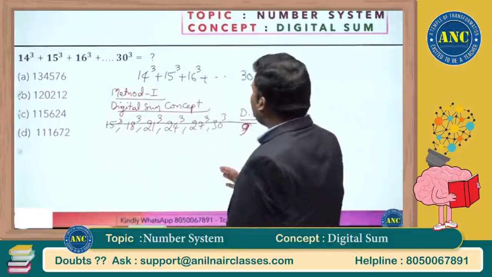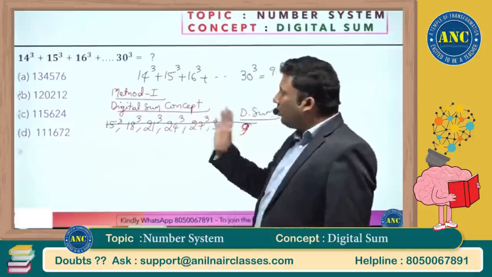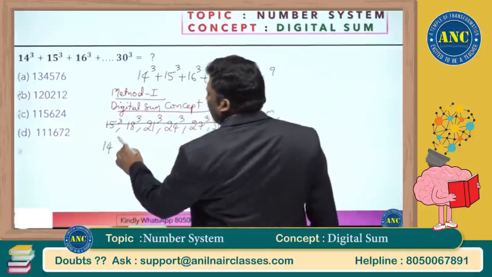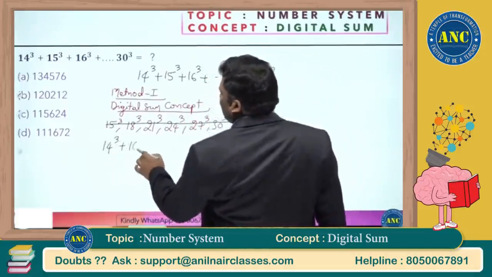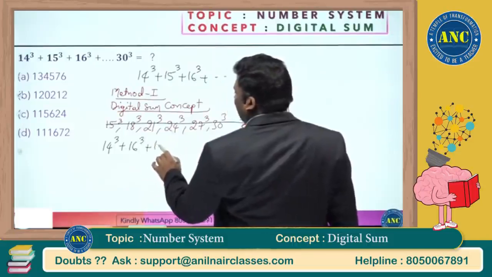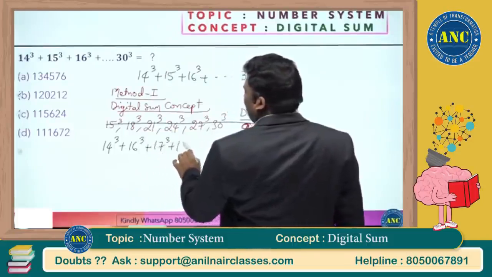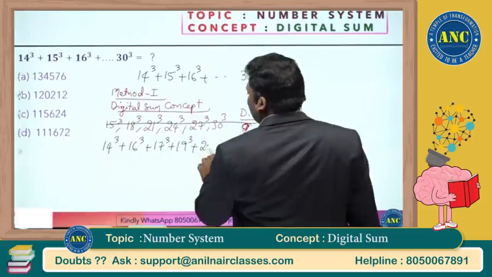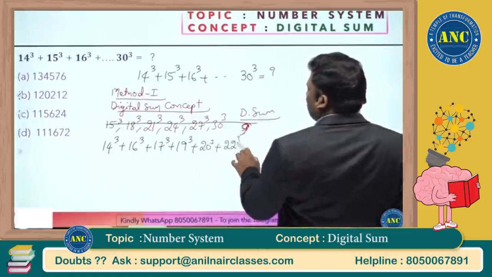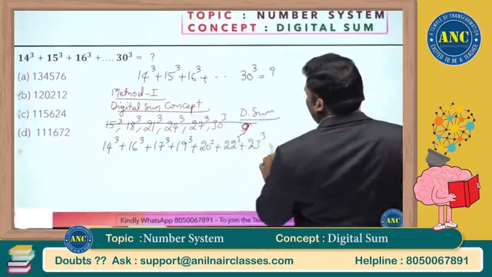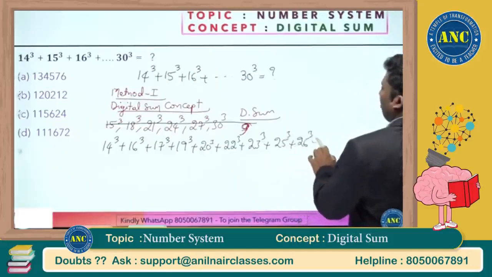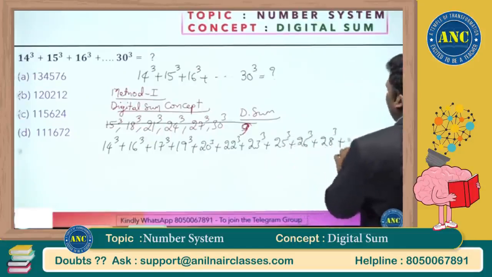15, 18, 21, 24, 27, 30, all are multiples of 3. I removed the multiples of 3. So the question became 14 cube plus 16 cube plus 17 cube plus 19 cube plus 20 cube plus 22 cube plus 23 cube, 24 cube out, 25 cube, 26 cube, 28 cube, 29 cube.